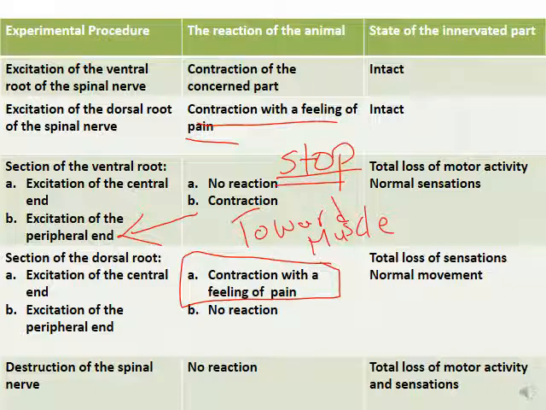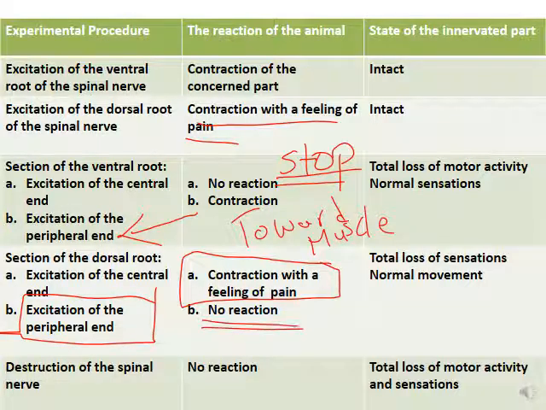While after sectioning, with excitation of the peripheral end, there is no reaction, meaning that the message was stopped at this section. So here we can conclude that the message propagates in a centripetal direction, meaning that it moves toward the spinal cord and the brain, in the sensory dorsal root.